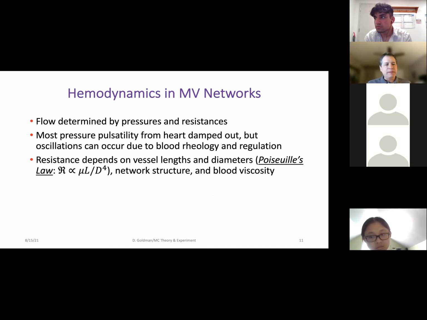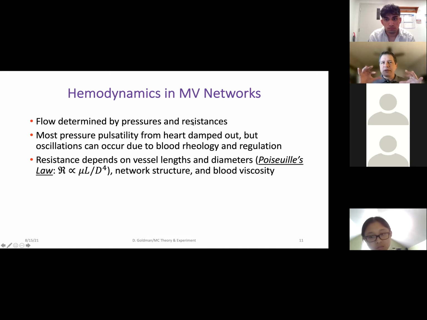Now hemodynamics, we can talk about hemodynamics and microvascular networks. And even though I said the microcirculation is much different, there's a lot of things that are similar to larger vessels. So for example, flow is determined by pressures and resistances, okay?